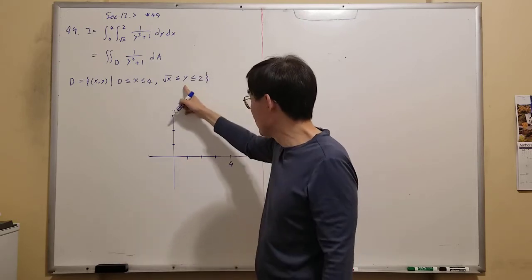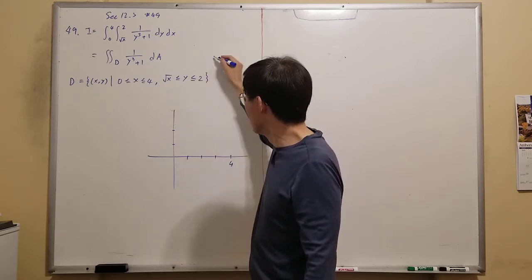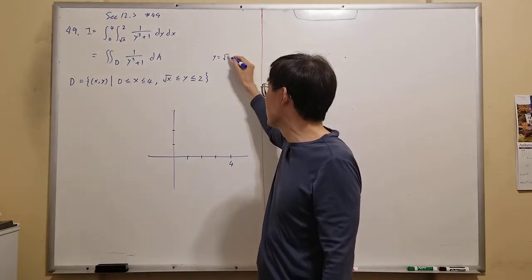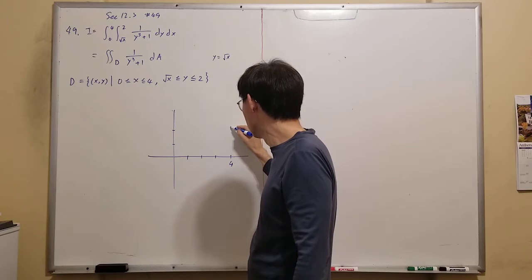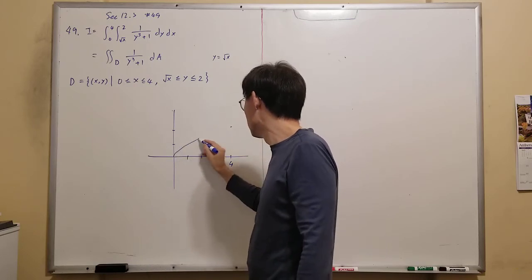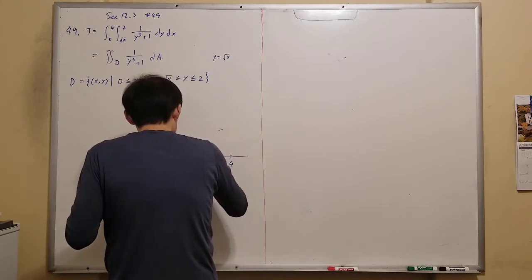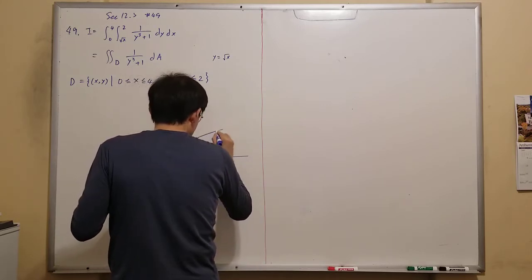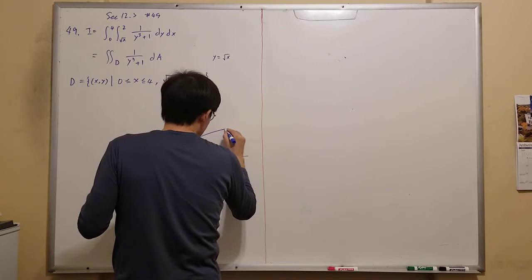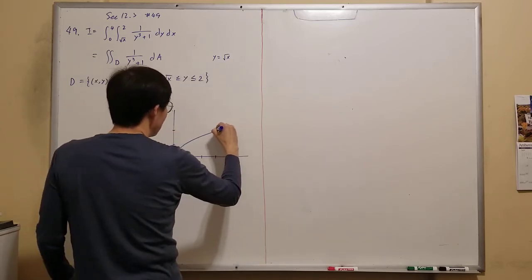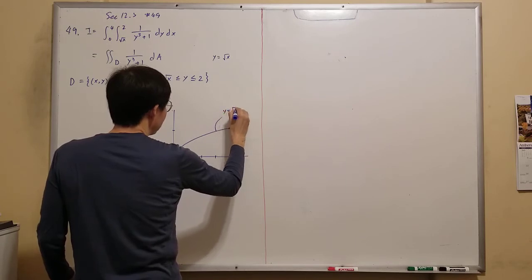Now, y runs from the curve y equals square root of x. Square root of x. Okay? This is y equals square root of x.